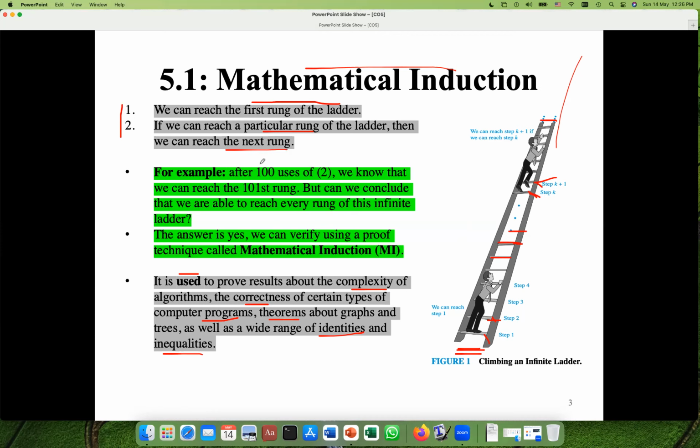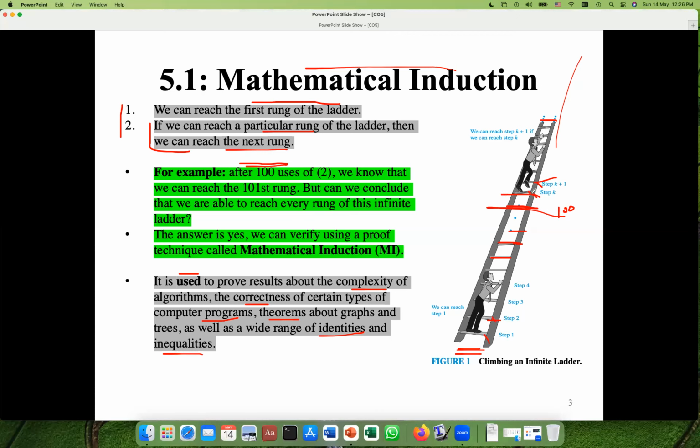For example, if we use this step 2 a hundred times from the ground, then we are at step number 100. And when you are at step number 100, then you can say that I can reach 101.